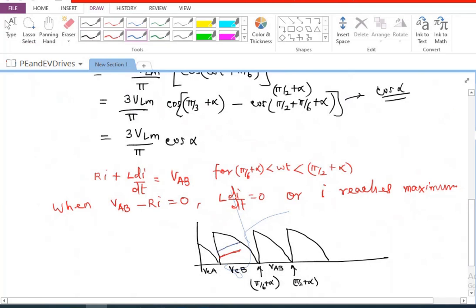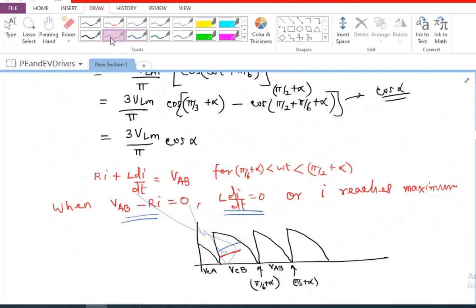So when I times R meets this particular Vm sin omega t or VAB, at that point the current will start declining, because according to this, L di by dt is 0 when VAB and RI are equal to each other, or VCB and RI are equal to each other. After that, I will have the current declining.